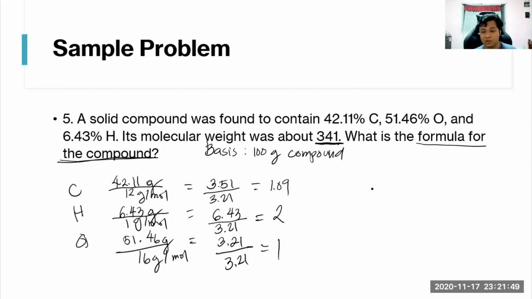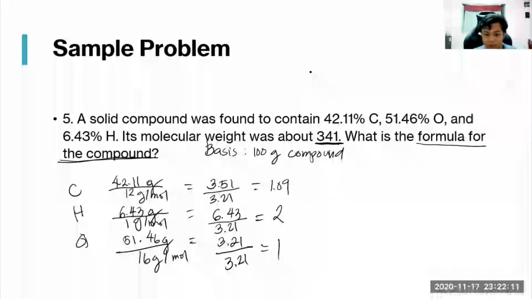If you think we'll have to stop here, it's actually not the case. We'll have to find a multiplier so that all of them will have whole numbers in the subscripts.